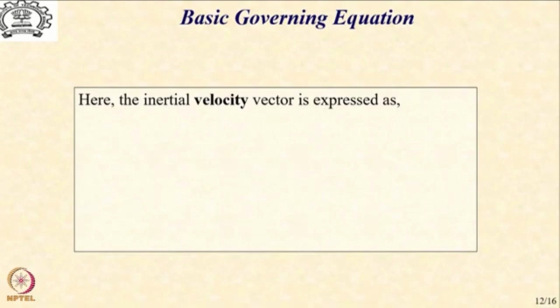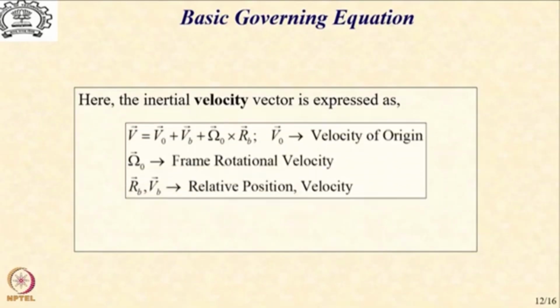Now, how are we going to express the velocity vector? So let us look at the elements of the velocity vector. And we realize that this is not a very simple expression.